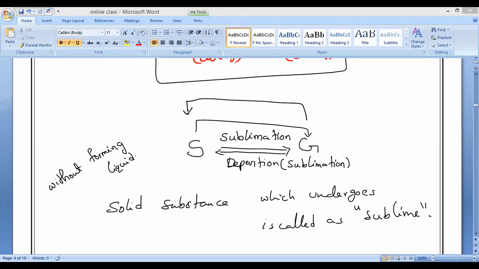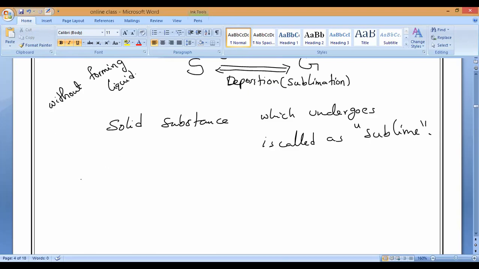If we obtain the solid substance by cooling the vapors of the solid, then that is called a sublimate. So sublime means solid to gas, and sublimate means gas to solid.